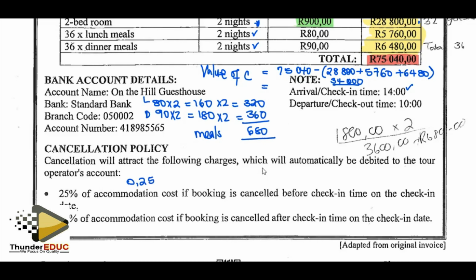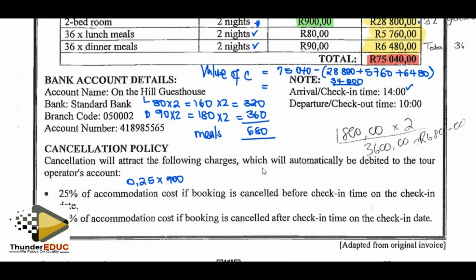25% of the accommodation, which is 900. 0% of accommodation cost if the booking is cancelled before the cancellation will attract the following charges, which will automatically be debited to the tour operator's account.